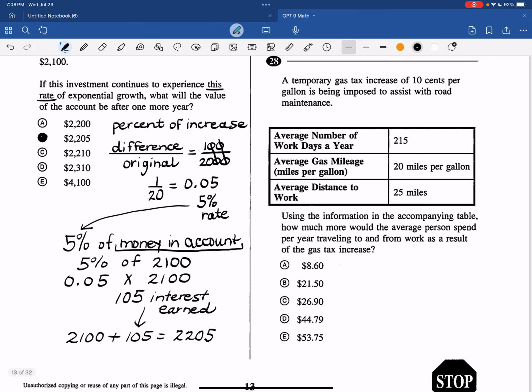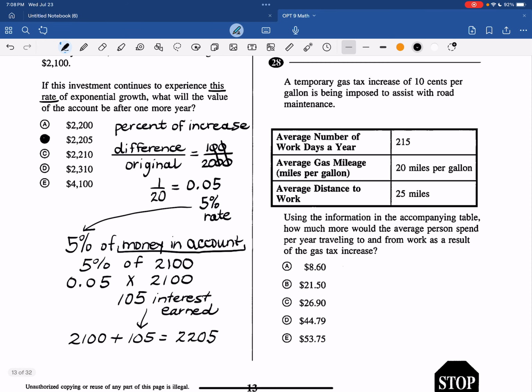All right, number 28. A temporary gas tax increase of 10 cents per gallon is being imposed to assist with road maintenance. So let me write that as a decimal. That's 10 cents per gallon.